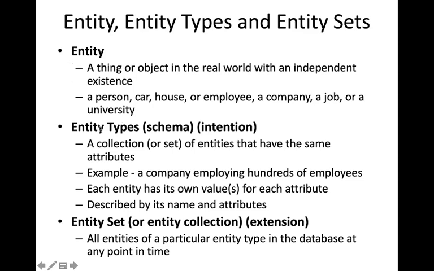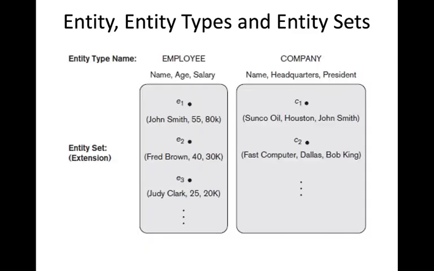Entity type means if we take all the employees together, then we call it the employee entity type. Entity set means if we take the information of all the entities, for example, if we take the student entity type and see the data inside that, we call it the entity set.